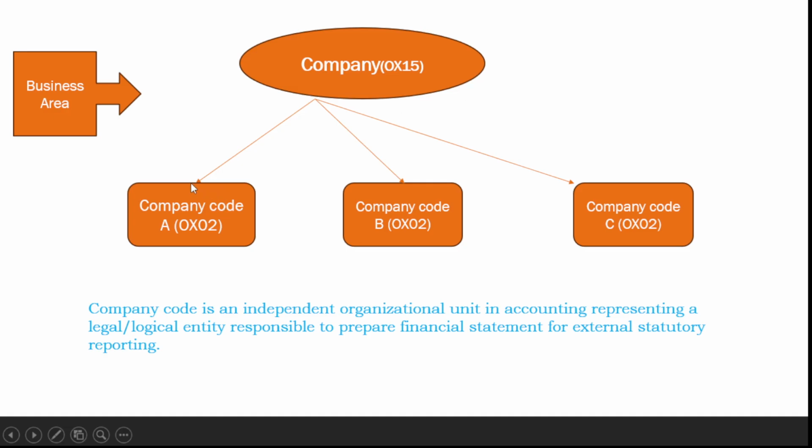And there are various scenarios where multiple company codes exist. If somebody asks you in which scenarios a company may have multiple company codes, it could be many scenarios. For example, let's say a company is doing business in India and the same business it's also doing in the US.